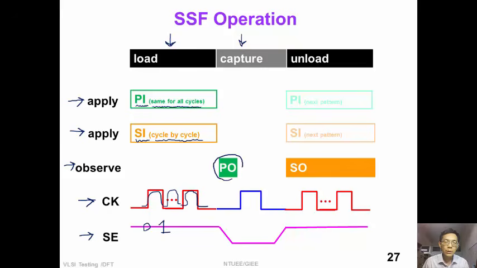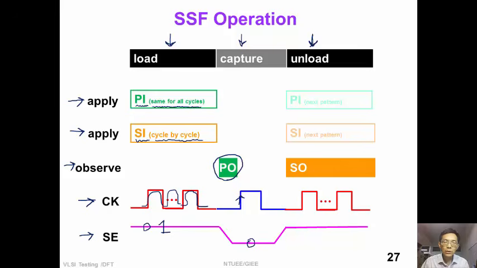At this time, we observe the primary output and then we pulse a clock to capture the response into the scan flip-flop. Please note that scan-enable remains constant 0 at this time.